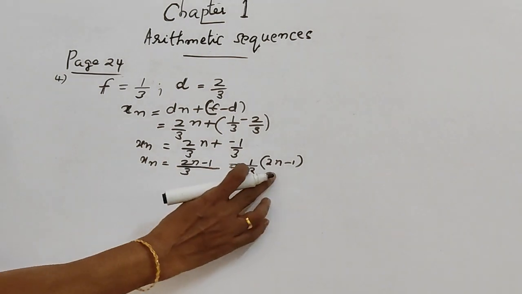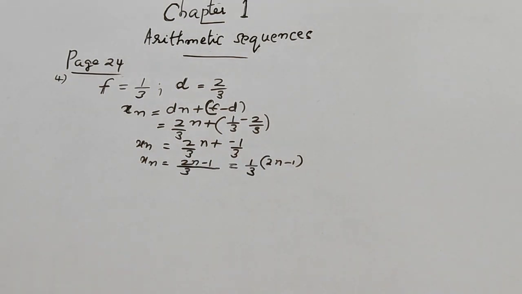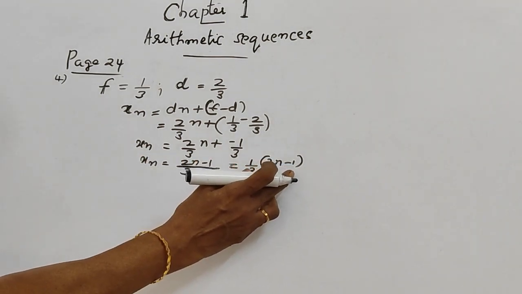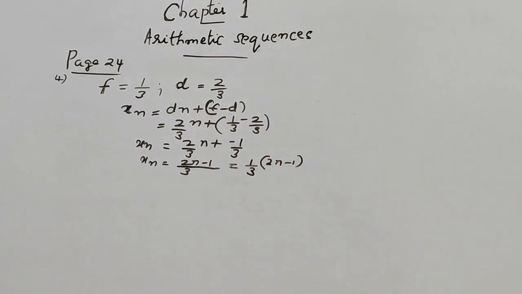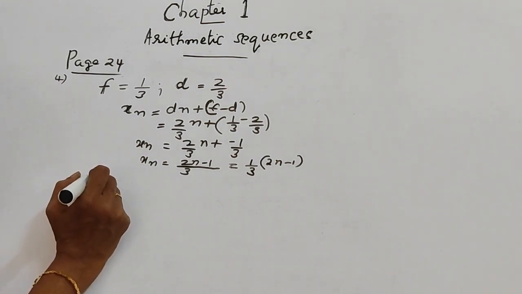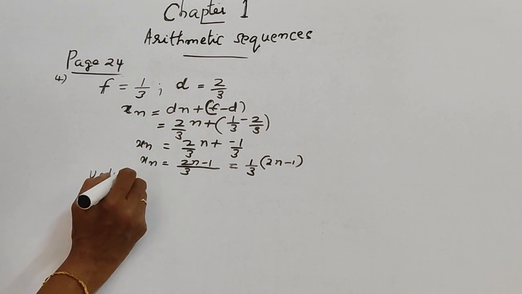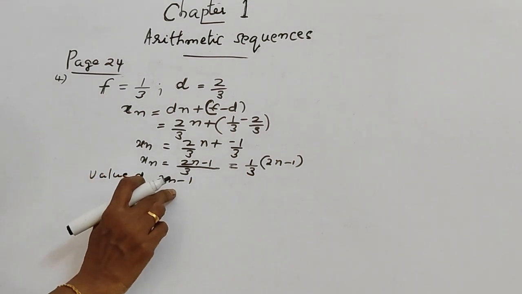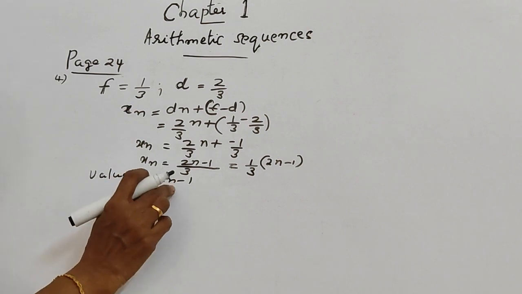Where see here, 2n minus 1. This is the general form of odd numbers. Therefore, the value of 2n minus 1 is always odd. To get the even numbers it must be 2n. Here 2n minus 1 is always an odd number. There is no even number. The algebraic form of odd numbers is 2n minus 1.